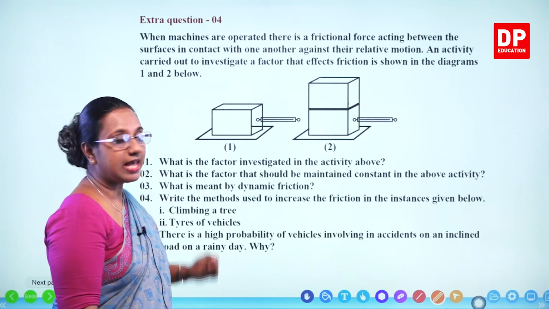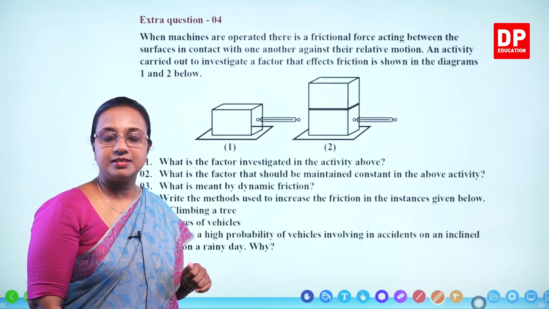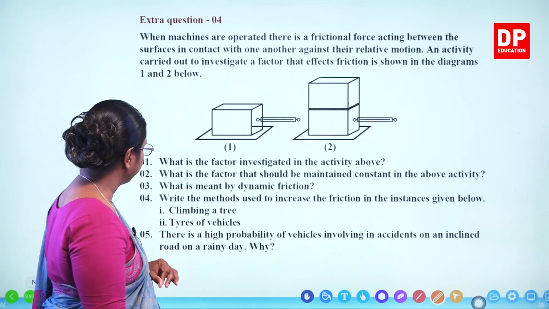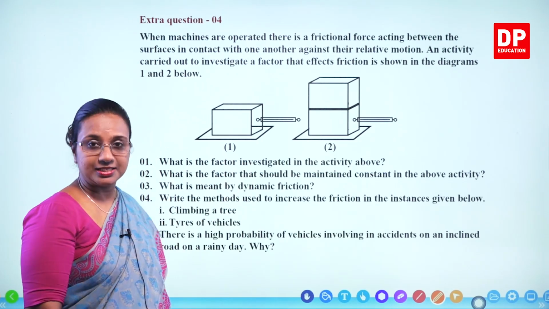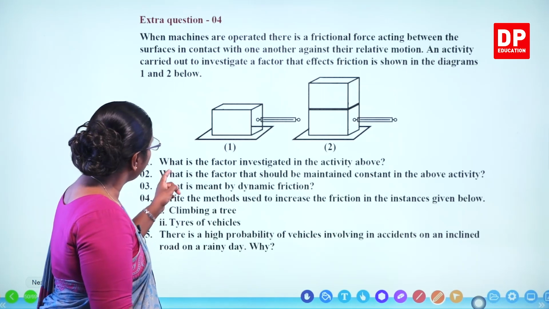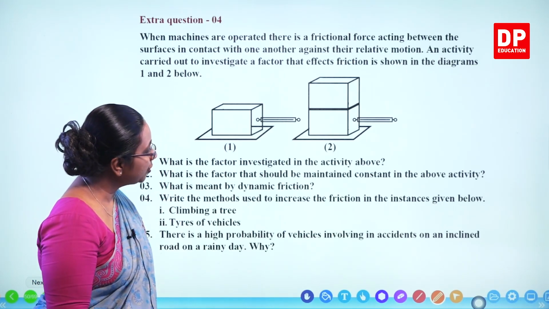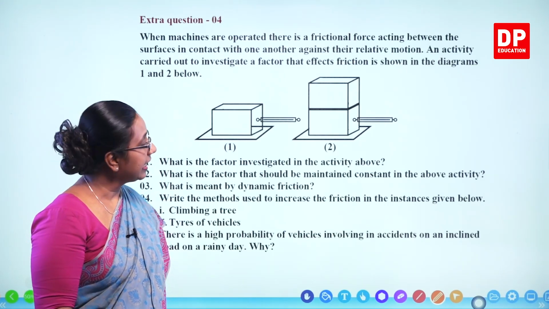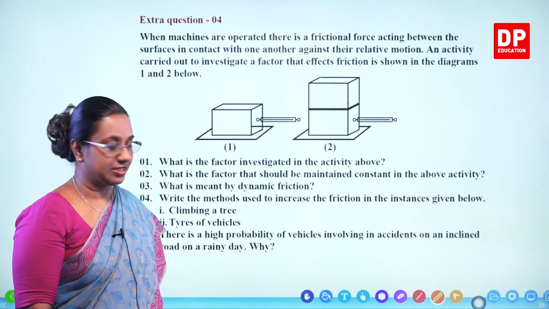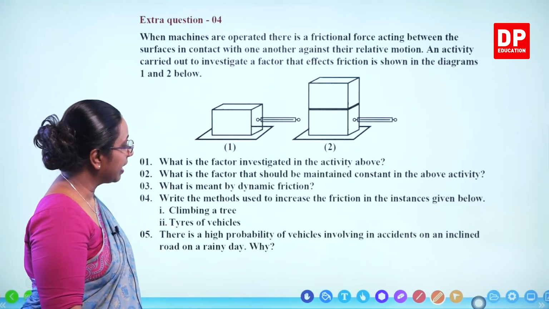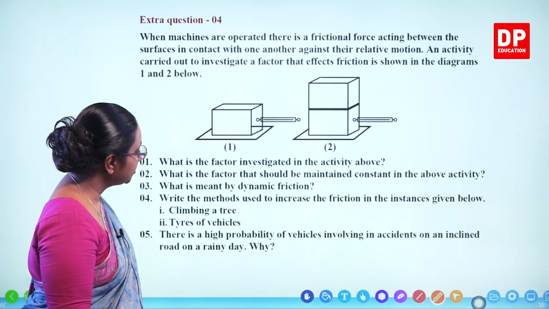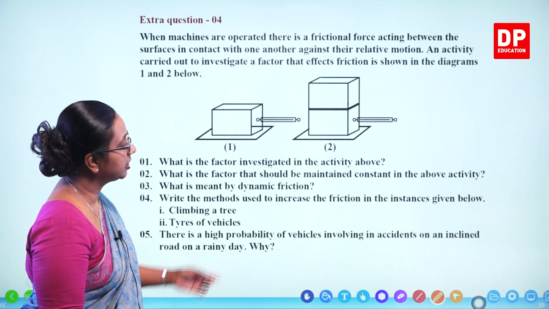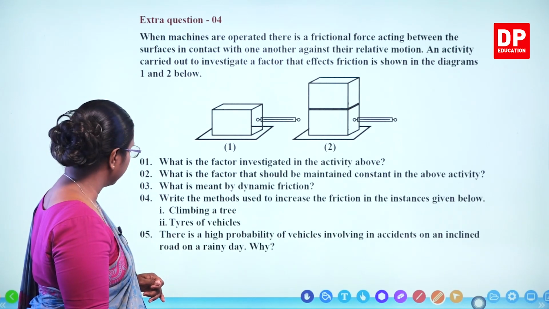So, you know this activity. We have discussed this before in the lesson. What is the factor investigated in the activity above? What is the factor that should be maintained constant in the above activity? What is meant by dynamic friction? Write the methods used to increase the friction in the instances given below.